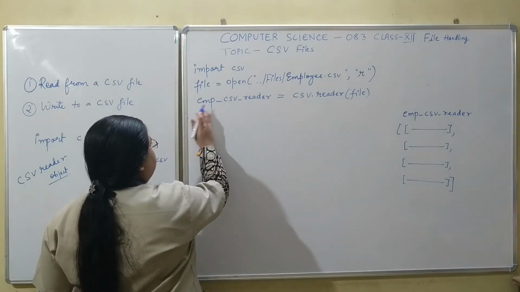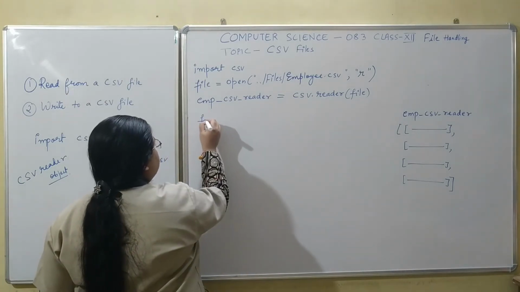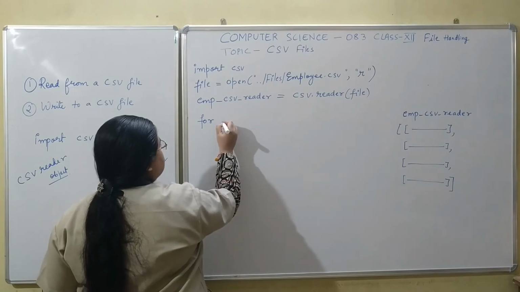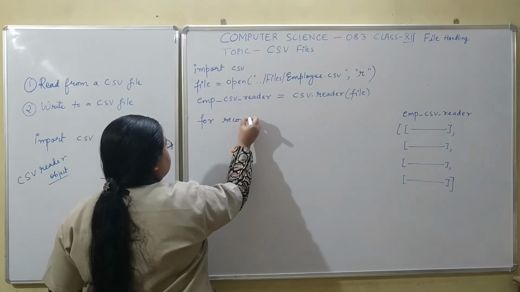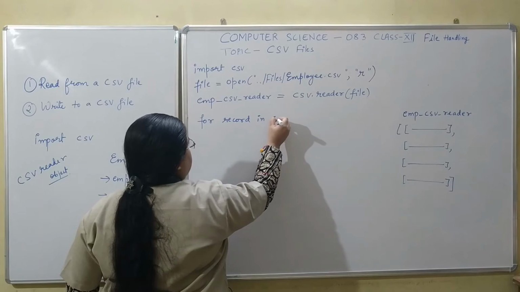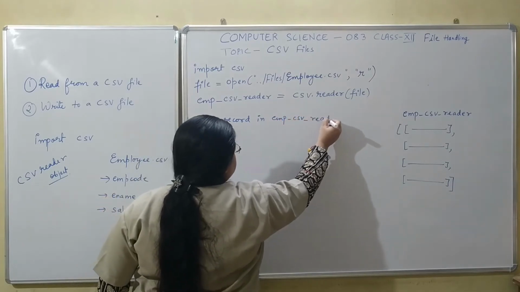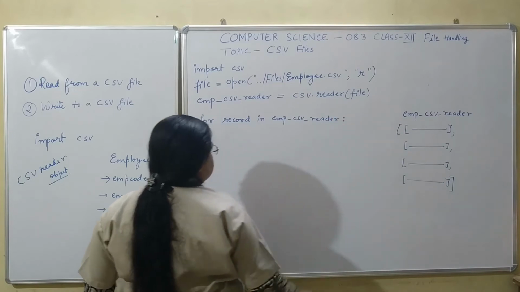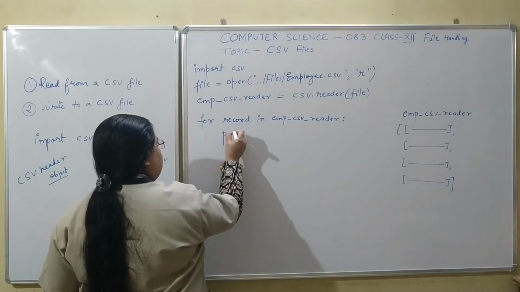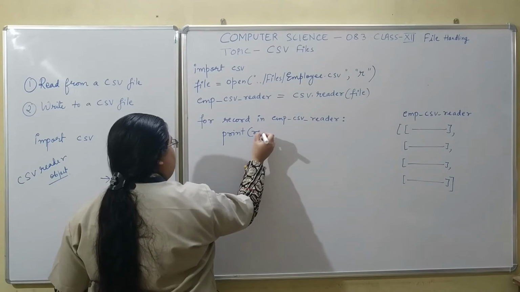So how to read data from here? Now we would be using for record in emp_csv_reader, I can print it over here, print record.